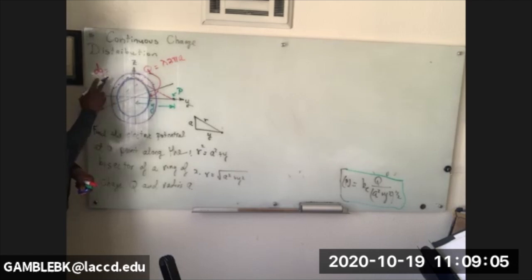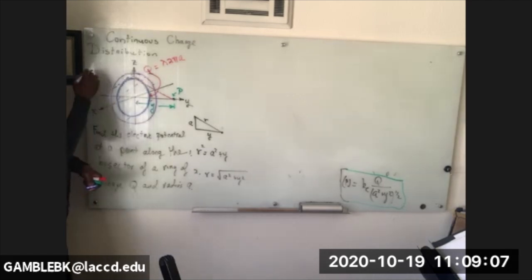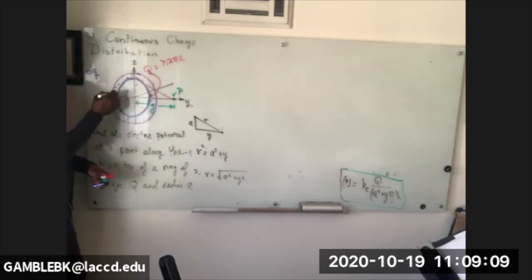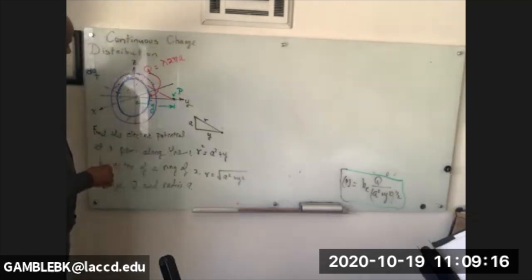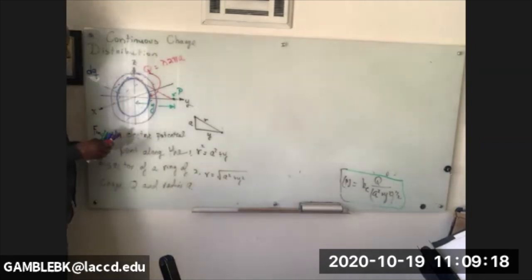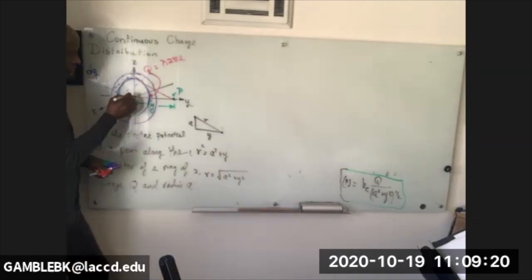Now that whole thing is dq. dq is now this thing. So that is at position R, and it has a thickness dr. So that's not a constant.